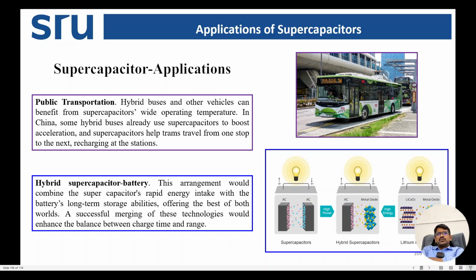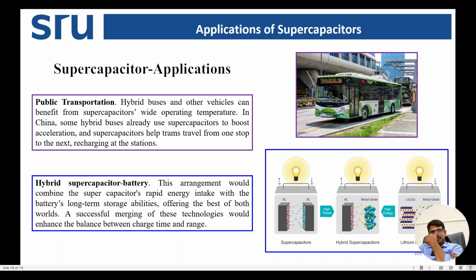We are using many electric vehicles, right? For electric vehicles, we need a combination of supercapacitors and batteries, because batteries cannot give fast energy. They cannot supply power quickly. So we need the combination of supercapacitors and batteries, hybrid vehicles.